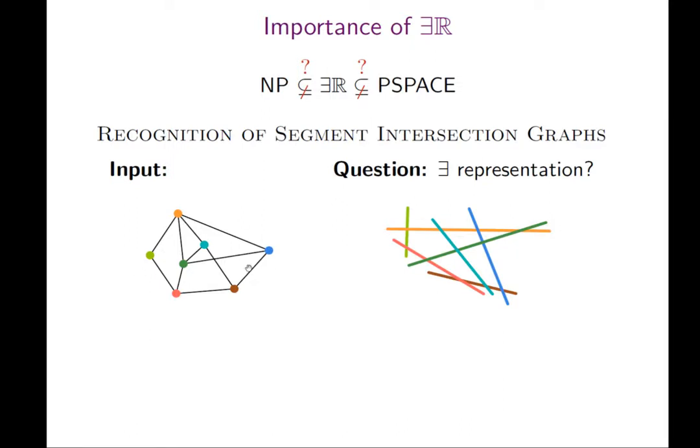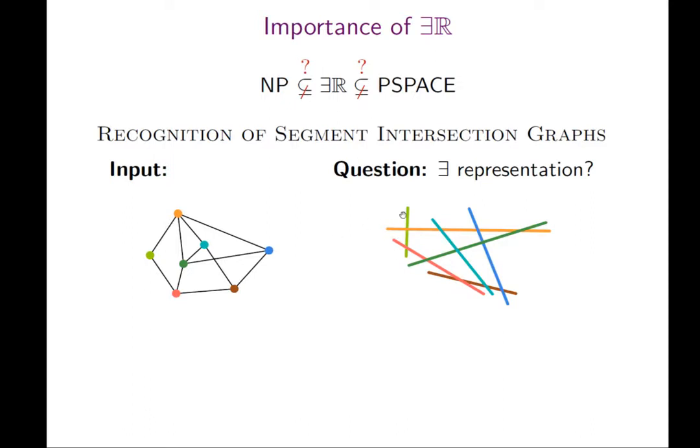So this orange segment represents the orange vertex and intersects the light green, dark green, turquoise, and light blue segments. Wonderful. So this segment representation represents this graph. And this is just the definition. What people thought about this problem is: is this problem in NP?